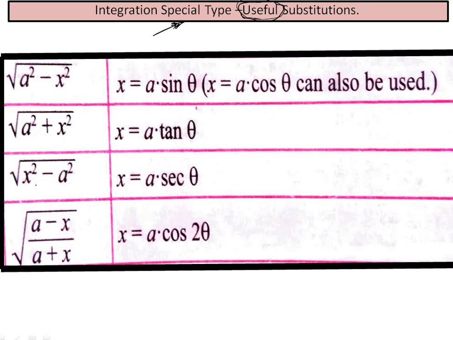If there is x square minus a square, we use x equal to a sec theta. And when there is such a ratio, a minus x upon a plus x or a plus x upon a minus x, we use x equal to a cos 2 theta. समझ गए बच्चों? Now we will use these useful substitutions for proving the special integral formulae.